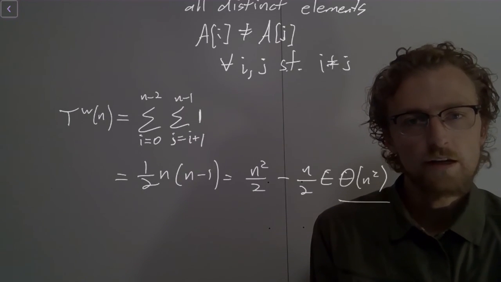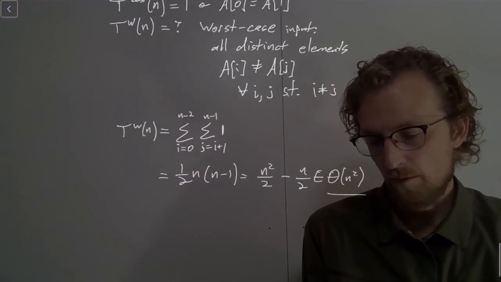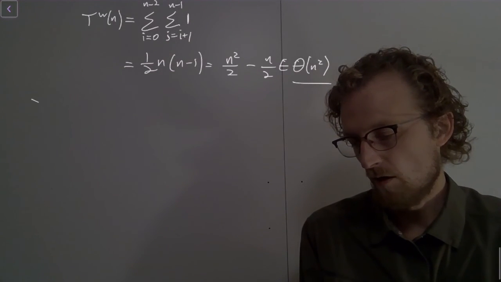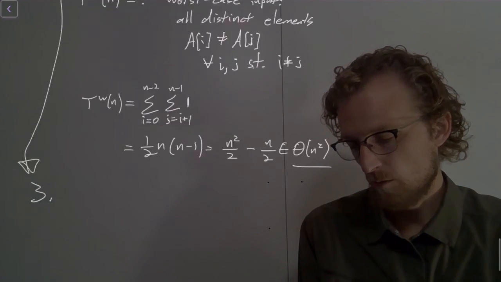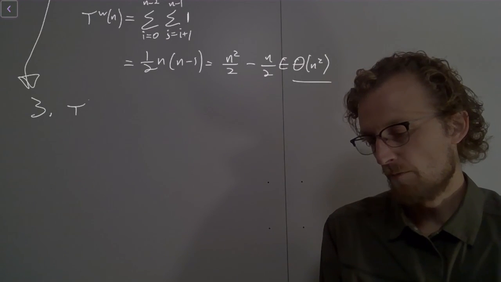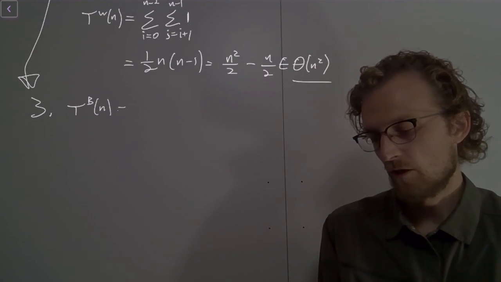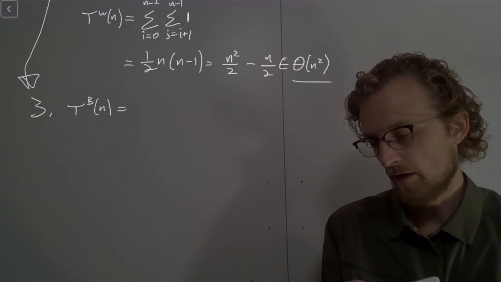So in the next lecture, we're going to ask, is there something else in between? But for now, what we have is, our question number 3 here has two answers, and the answer depends on what the input looks like. So T best of n is just 1, or I could write big theta of 1.